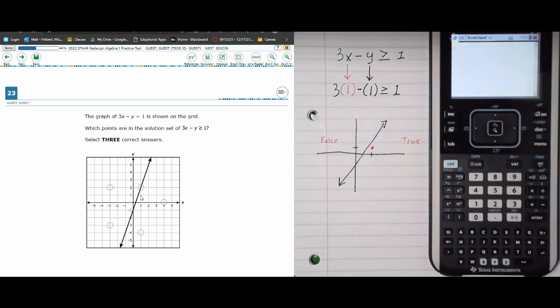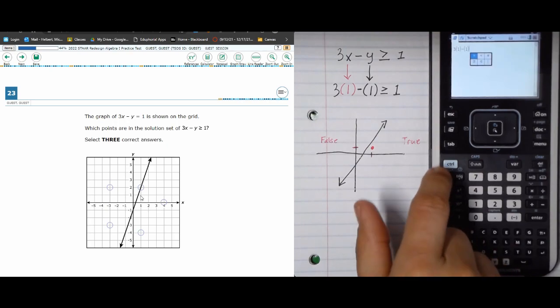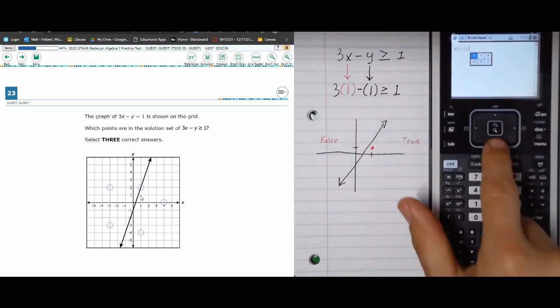Alright, I'm going to hit OK. I am just going to type this straight into here. So let me go ahead and put in my 3, my parenthesis for my x value, which is 1, close parenthesis, minus my y value, which is also 1, close parenthesis, and then is greater than or equal to. So I'm going to hit Control and then equal, and it pulls up my inequality symbols.